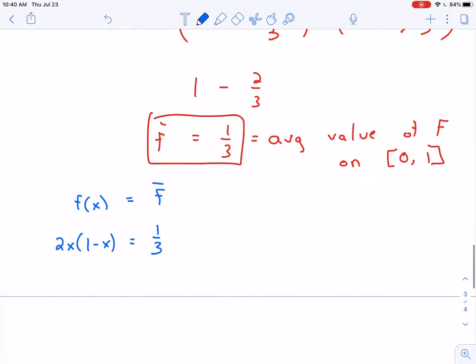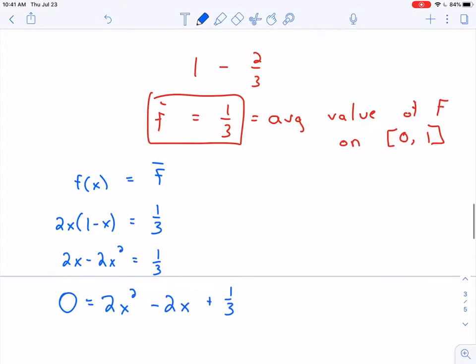On the left-hand side, I am going to have to, let's see, distribute. This will be 2x minus 2x squared is equal to 1/3. And then I'm essentially just trying to solve this equation. So this is a quadratic. The easiest way to solve a quadratic is to set this equation equal to 0. So 0 is equal to, let's see, 2x squared minus 2x plus 1/3 is equal to 0.